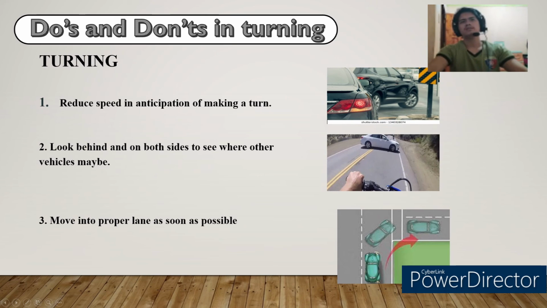In the second picture, we can observe that the driver turns, and his turn is wrong because, as you can observe, the pavement marking is a solid double yellow line.